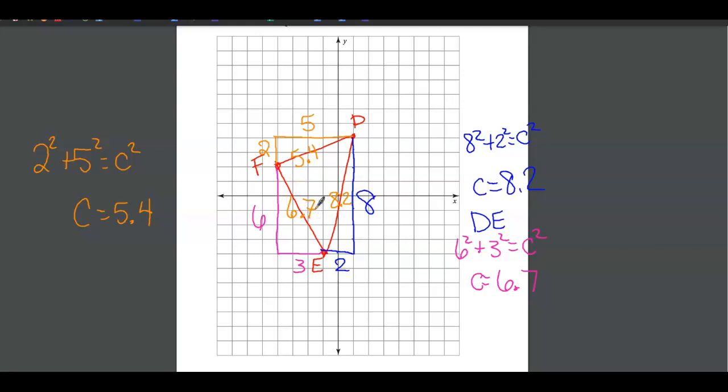The perimeter is the distance around, therefore I would take 8.2 plus 6.7 plus 5.4 to get the total perimeter of 20.3 units.